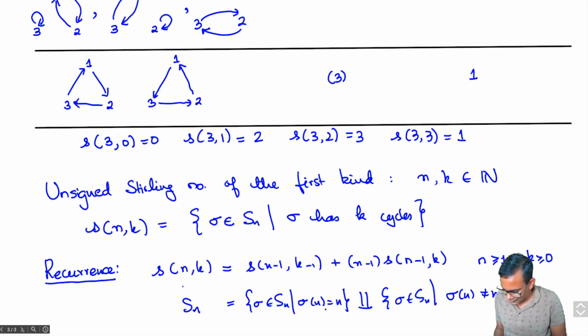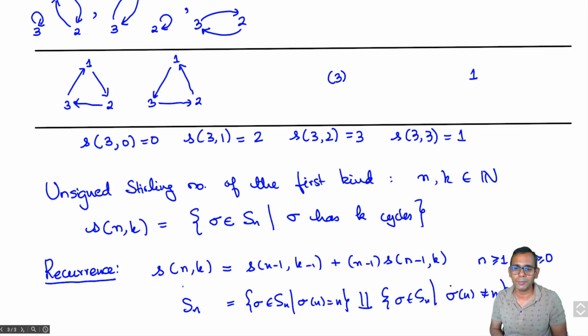If sigma n is equal to n, you can just take sigma and restrict it to the set of integers from 1 to n minus 1, and that will give you a permutation of Sn minus 1. And that permutation will have one cycle less than the original permutation of Sn you started with.